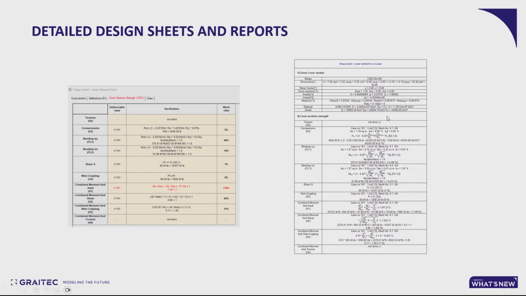Same thing here in the detail reports. First of all, you will have the full properties of that section and material that Advanced Design is using. And here we will have even more formulas. So basically, these formulas are directly coming from the AISI code, and you see the chapters and clauses that Advanced Design is using to calculate basically that specific work load ratio.